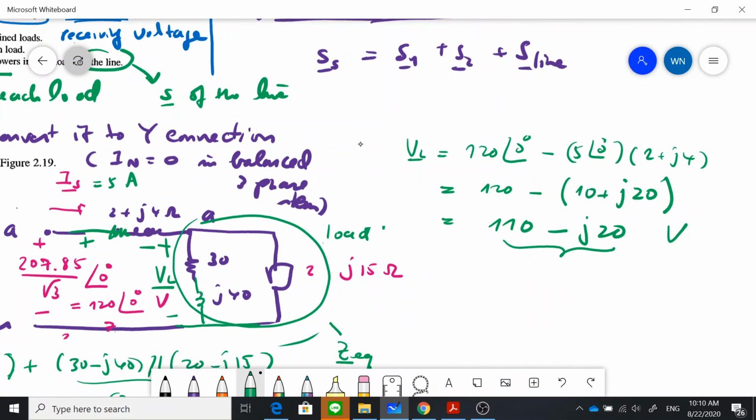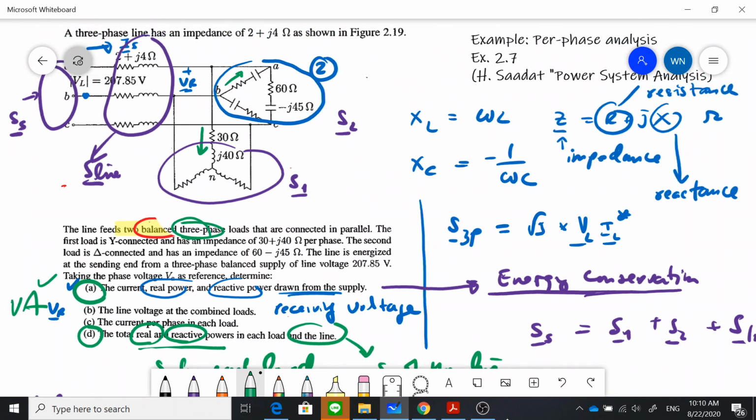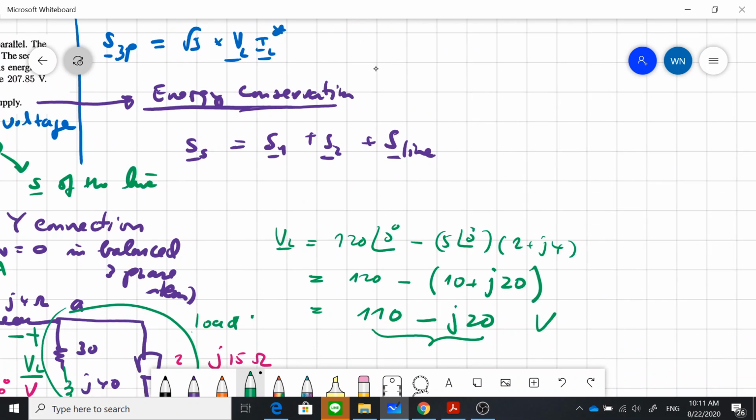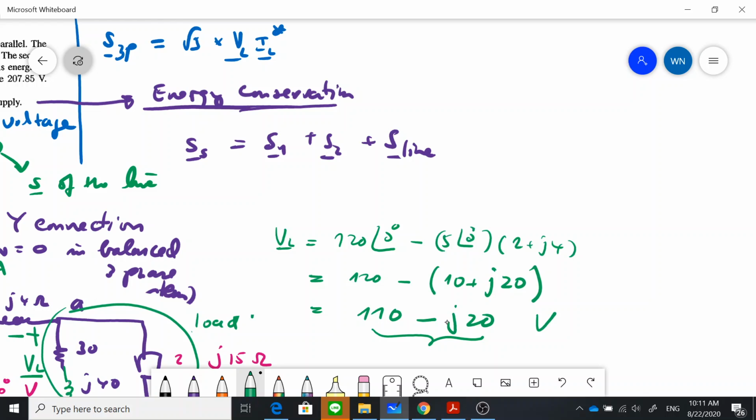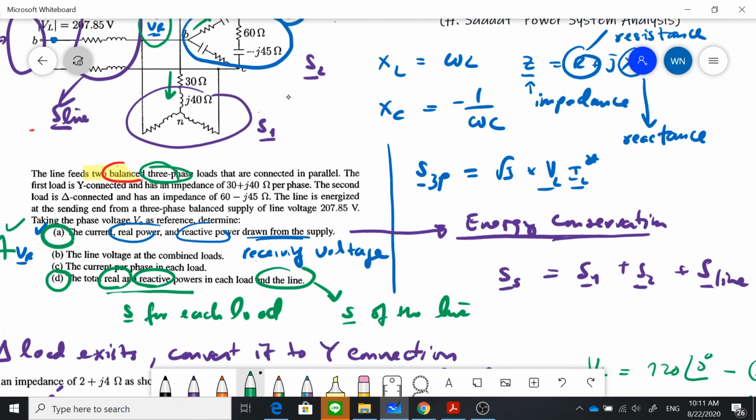When you need to answer, you have to give the answer in the line to line quantity. So in this case you have to give it as root 3 times the V load that you computed earlier, from this guy here. Okay, 120 minus J20, right, 110 minus J20.